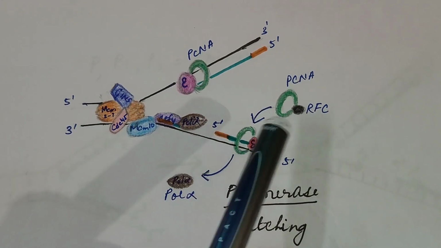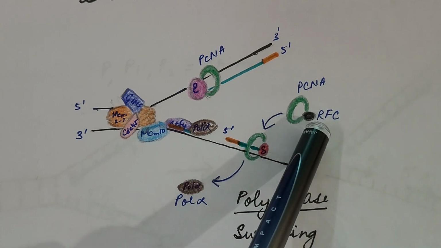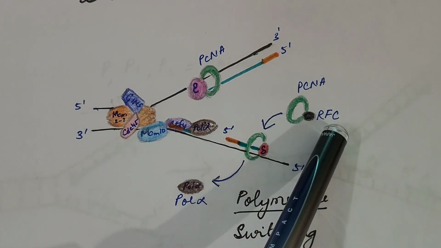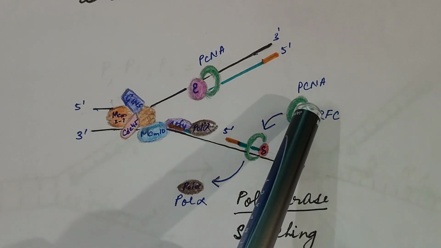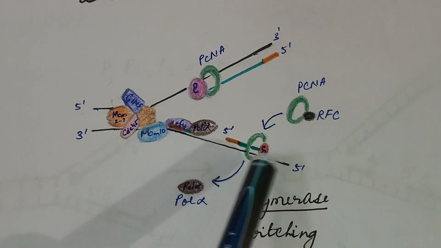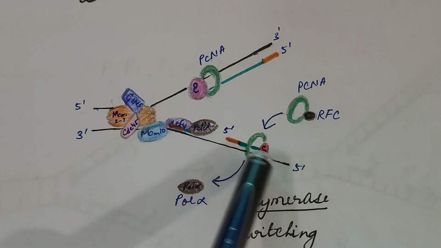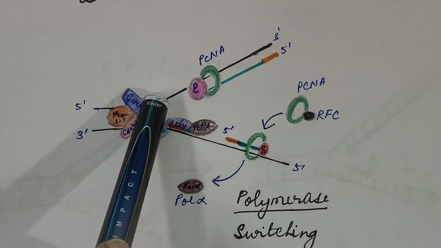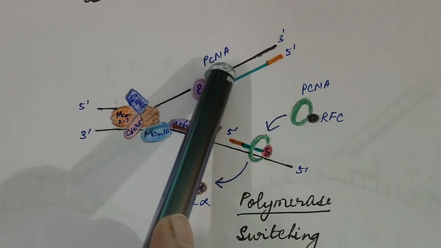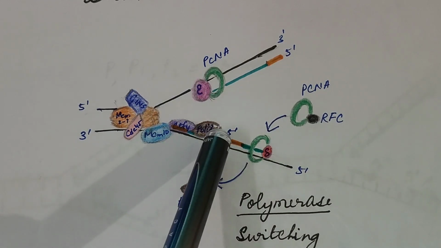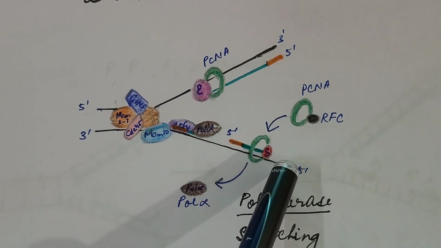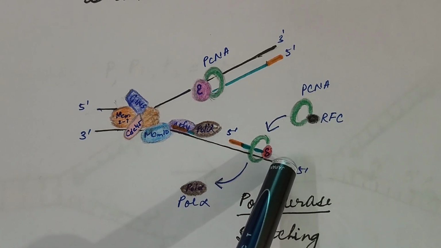So what happens, this RFC, which is replication factor C, which is also the clamp loader, causes the dissociation of the DNA polymerase alpha and assembly of PCNA, both to the template of the lagging strand and to the template of the leading strand. This PCNA holds DNA polymerase epsilon and DNA polymerase delta, and it is responsible for the high processivity of these main replicative DNA polymerases.